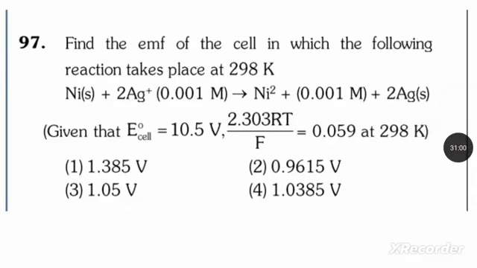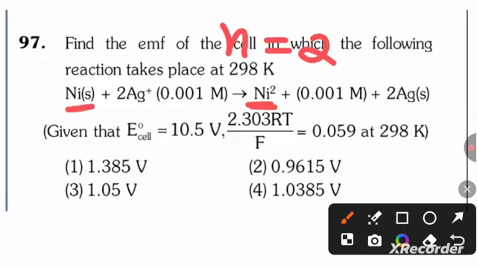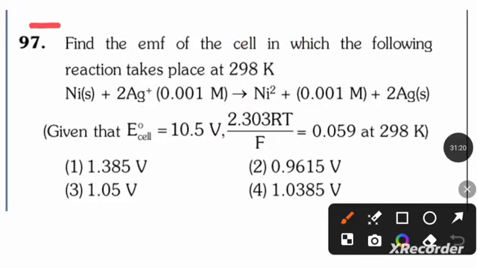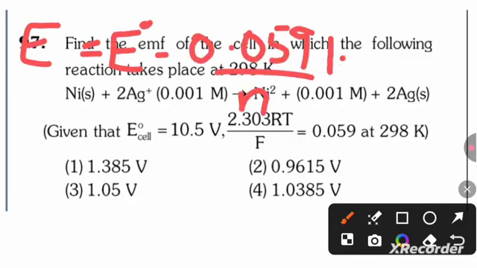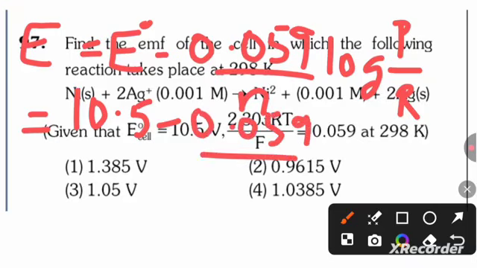Next question from electrochemistry, find the EMF of the cell in which the following reaction takes place. You can see here nickel converts to nickel ion, so n value is 2, number of electrons is 2. E0 value has been given, product side ion is nickel ion and reactant side ion is silver ion. So we have to use here the Nernst equation. The formula is E cell is equal to E0 cell minus 0.059 divided by n log of concentration of product divided by concentration of reactant. So E0 value is given, that is 10.5, minus 0.059 divided by n. n means number of electrons, that is 2.